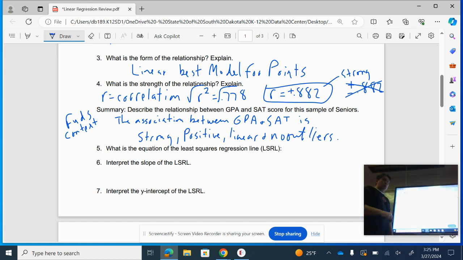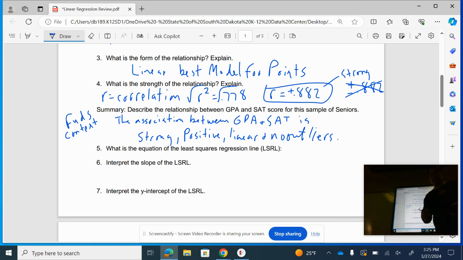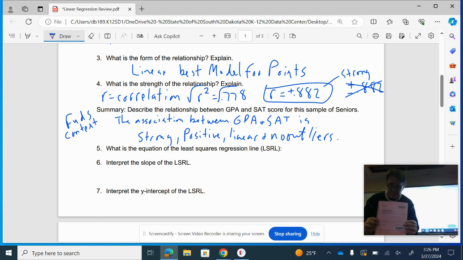Okay, what is the equation of the least squares regression line? Now your formula sheet, make sure you print a formula sheet, and on the AP exam, when you get your exam in the first pages, you'll find that they have a formula sheet.